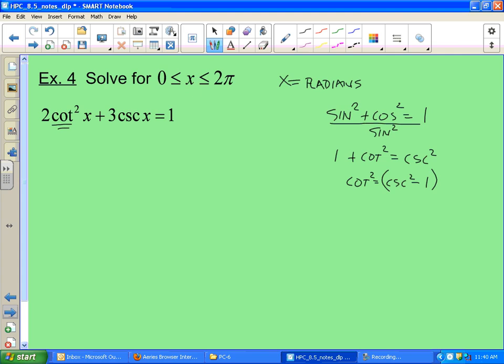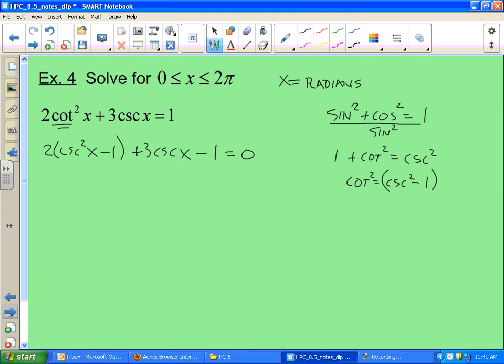So we have everything in terms of cosecants. So I have now 2 times cosecant squared theta, or x, minus 1 plus 3 cosecant of x. And we're going to go ahead and bring the 1 from the right side of the equation over to the left.